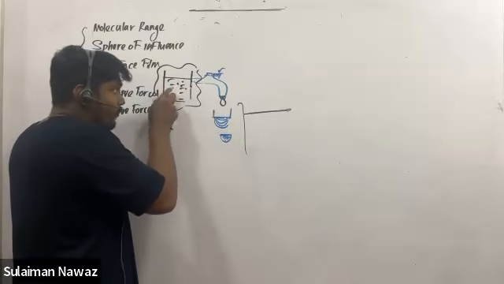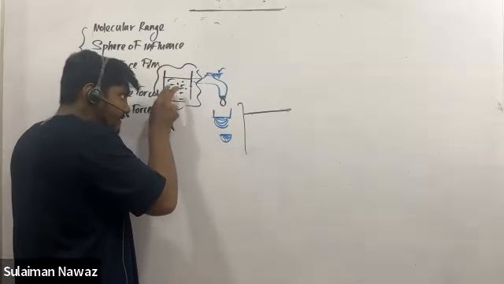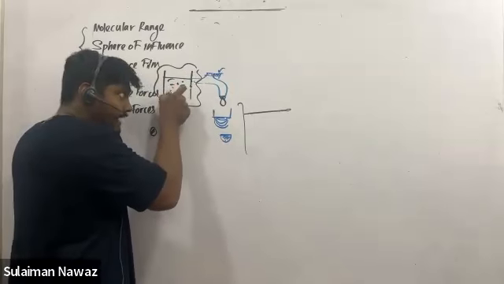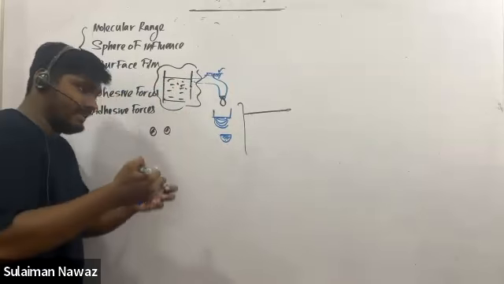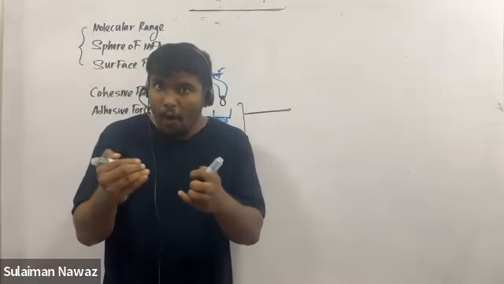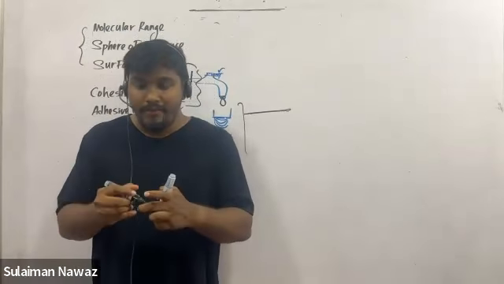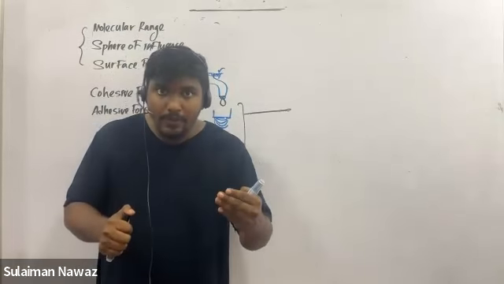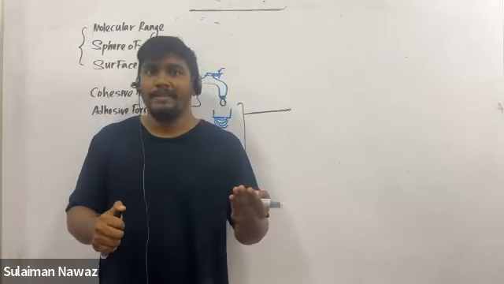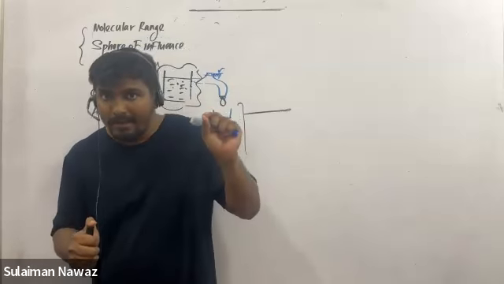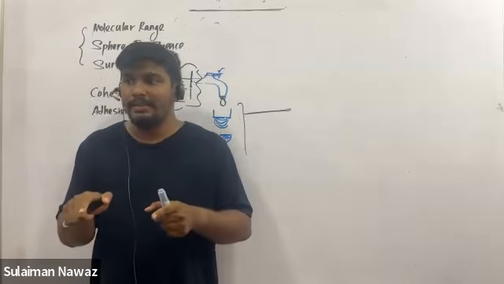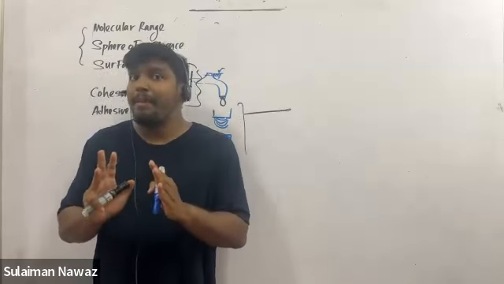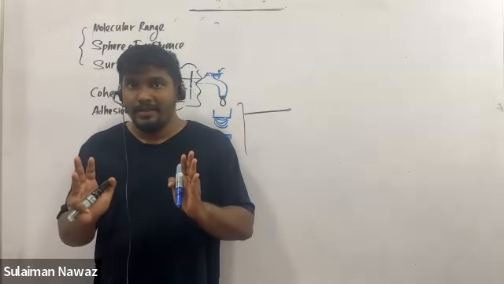Two water particles are homogeneous. Glass particles are also homogeneous. But one glass particle and one water particle are non-homogeneous. That's the idea.